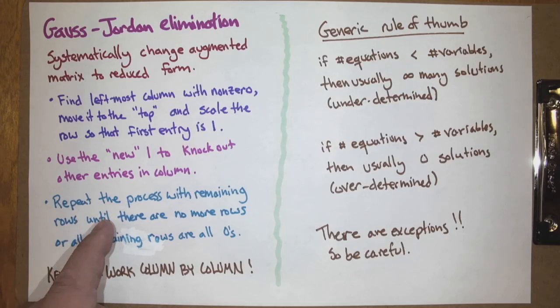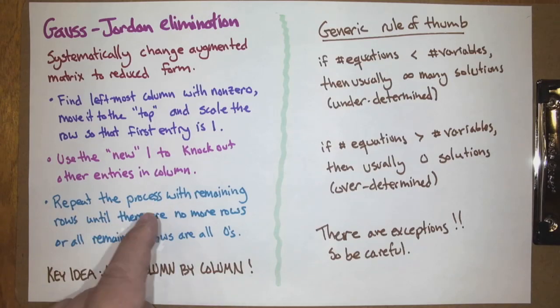And what's going to happen? Well, once you do that, you might say, wait, won't that affect the columns that came before it? And the answer is no. Because if you think about what's in front of that first one that you just created, the answer is all zeros. So when you use elimination to knock things out, you're not affecting anything before that entry. So you won't hurt what you've done before.